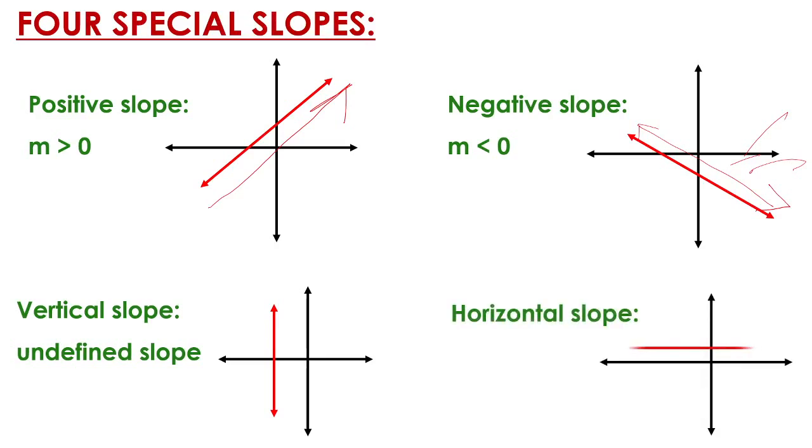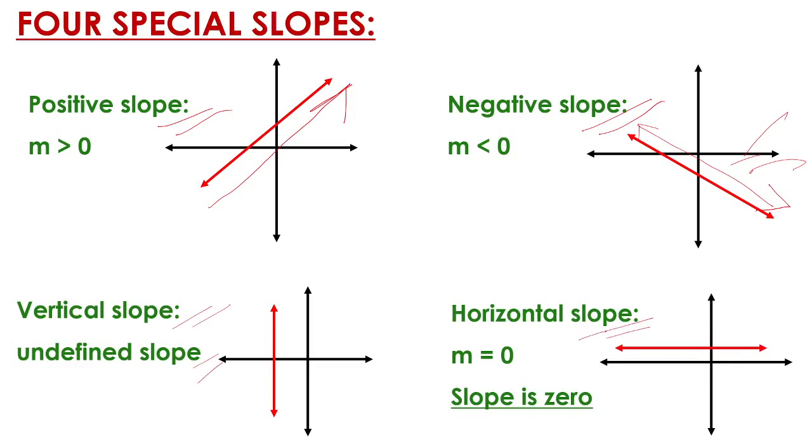Therefore, the slope is a horizontal slope, and the value of the slope is 0. So take note of these four special slopes: positive slope, negative slope, vertical slope, which is an undefined slope, and a horizontal slope wherein the slope is equal to 0.